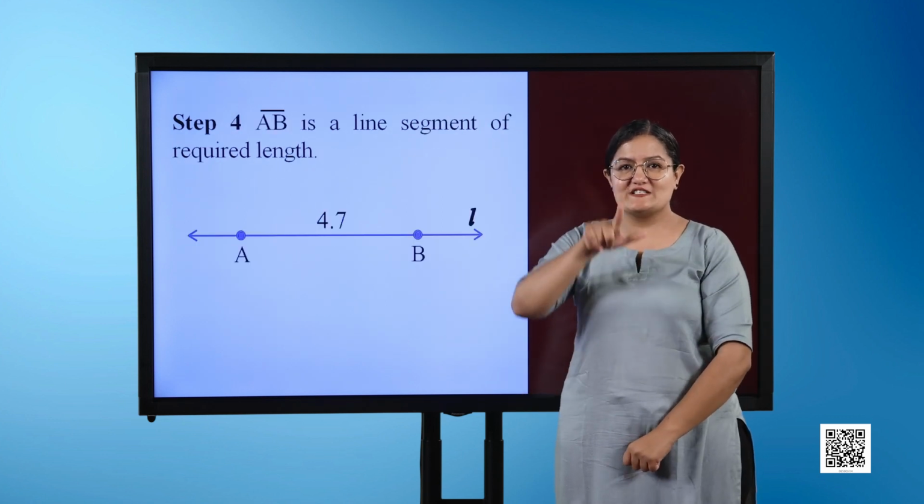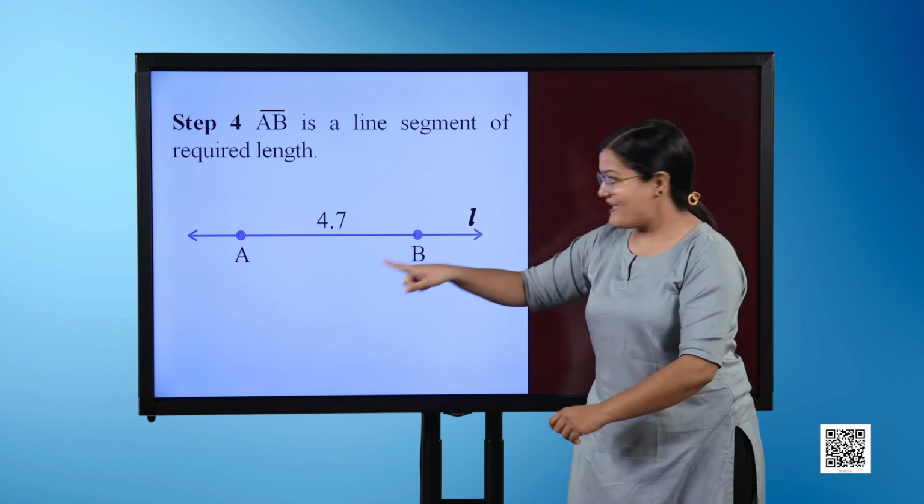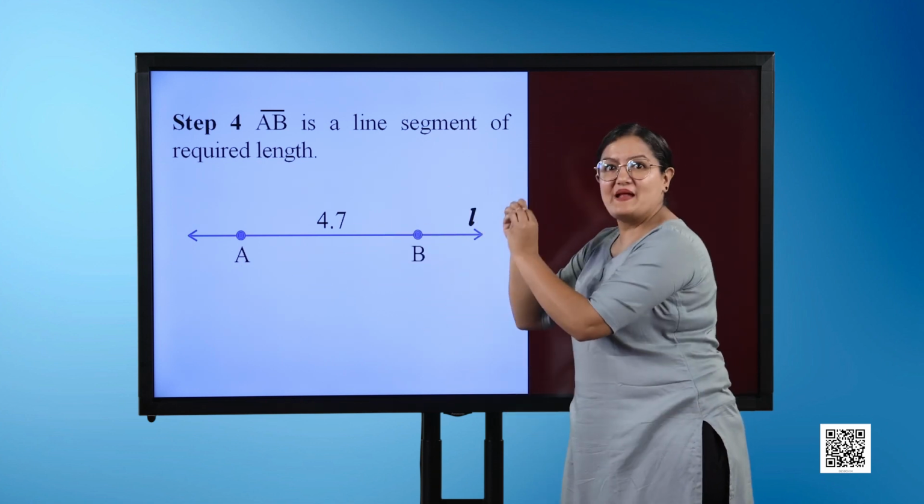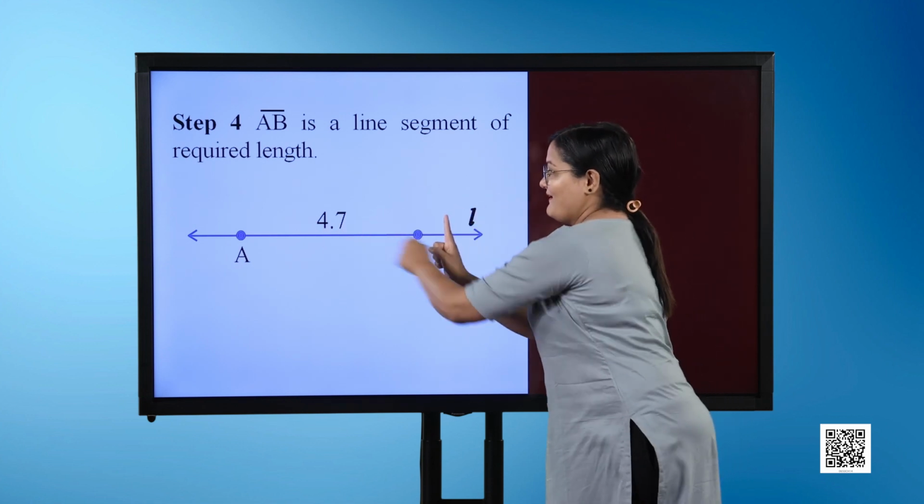Step 4. Segment AB is a line segment of required length. We have the segment AB given here in the picture.